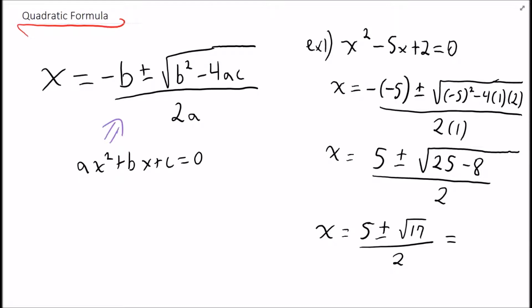I get an answer of 4.562 or 0.438. And those would be the two answers to this.